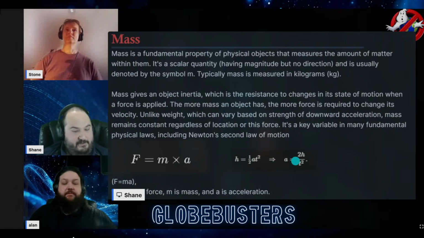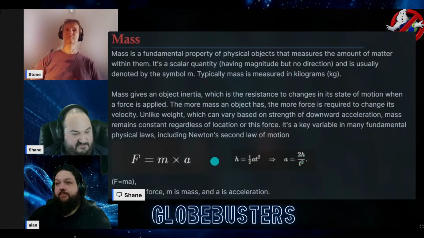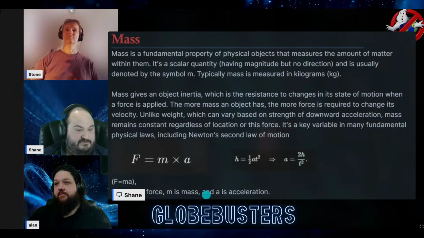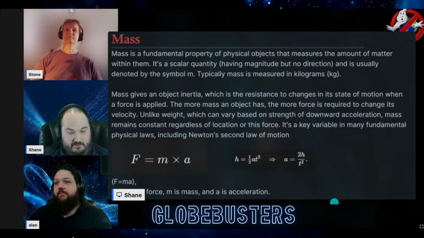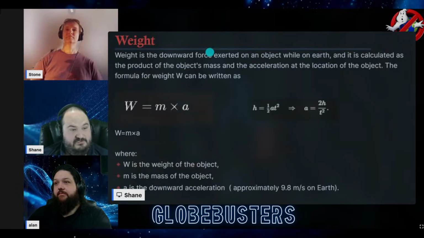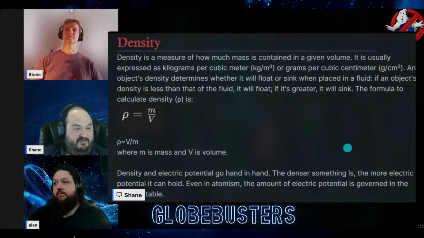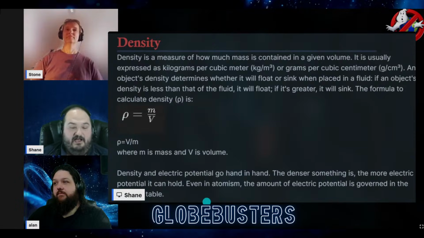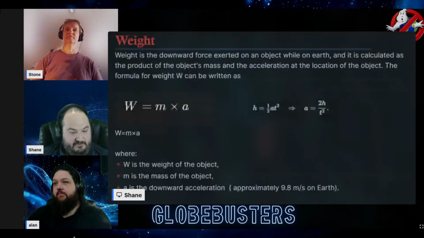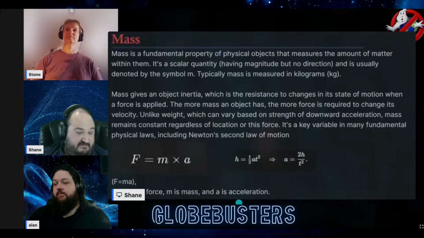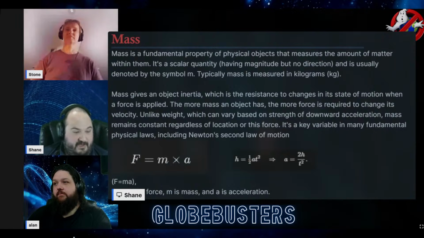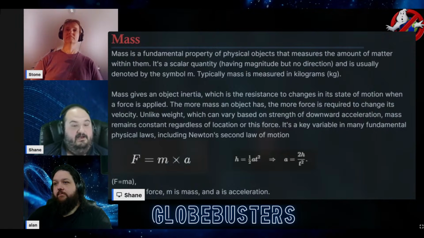You can swap out little a for 2h over t squared, and you get the same description of mass without having to invoke gravity as a dynamic cause of anything. Same thing with weight, swapping out little g for a, and density isn't really affected, but you can do the same thing. And that's sort of how you would interpret why you don't need gravity for local acceleration and any of the formulas that rely on local acceleration, like buoyancy, mass, weight, etc.